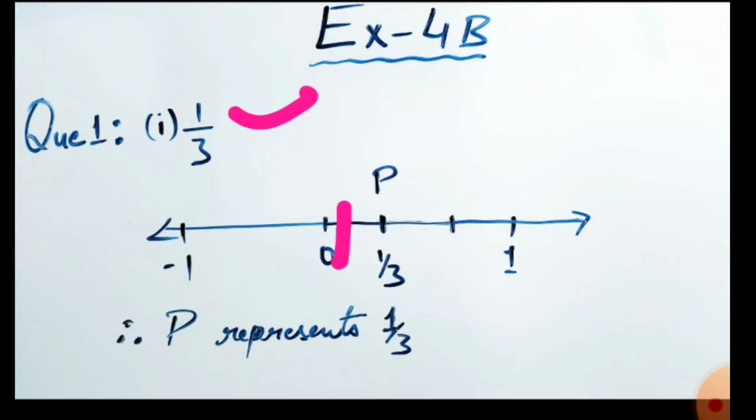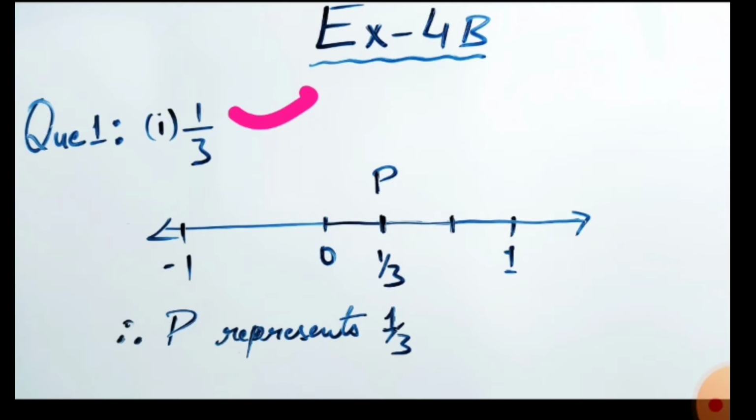These are units. 0 to 1, this is 1 unit, then 1 to 2, 2 units. So the distance should be equal: 0 to 1, 1 to 2, or 0 to -1. The distance on the number line should always be equal, and whenever you make a number line, you make it with the proper scale. The distance should be equal between each unit.